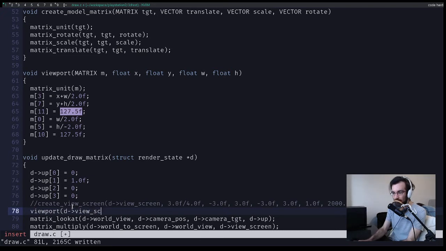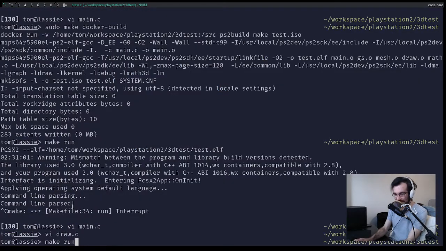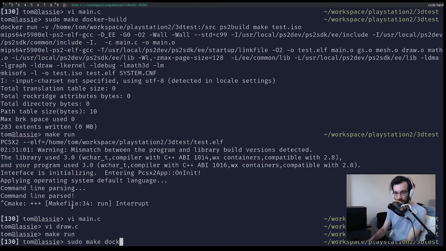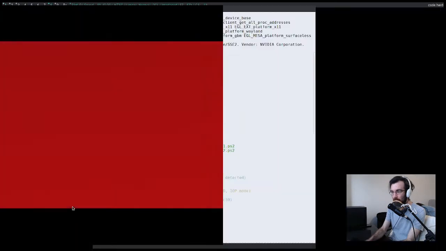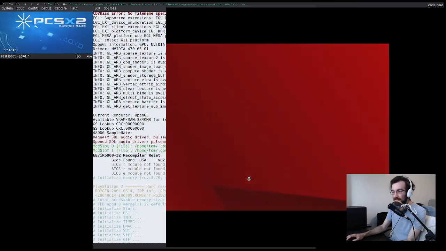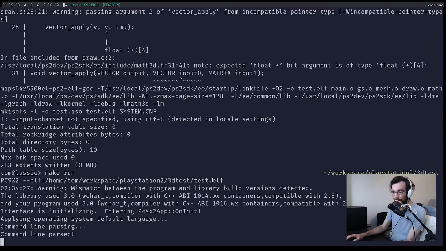D view screen 0 0 0 644 80, maybe. Make run. Oh, that is different.